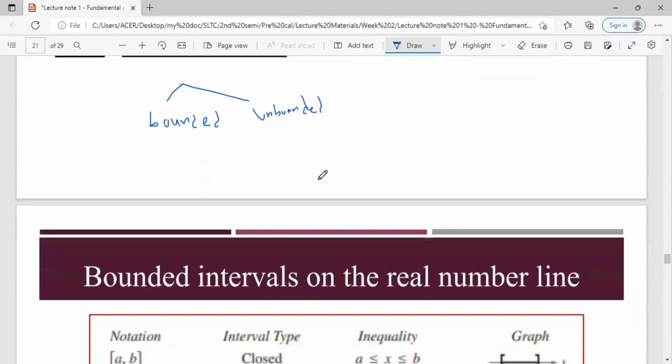So first of all, let's see what the bounded intervals are on a real number line.